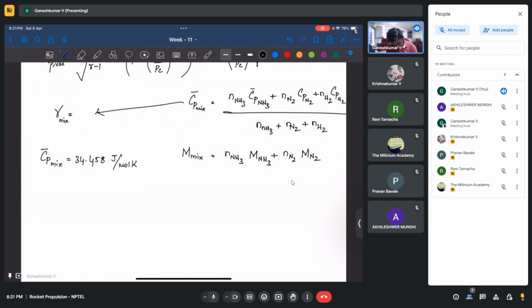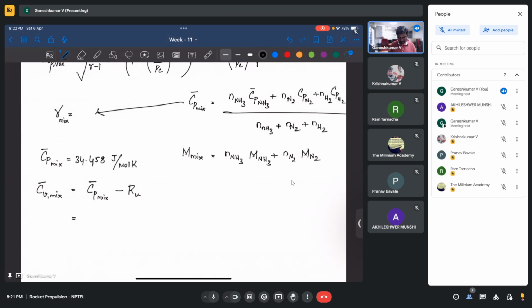Now we need to find Cv of mixture, right? Cp minus Cv is R, so Cv of mixture will be Cp minus Ru, universal gas constant. So I think it is 8.3145.